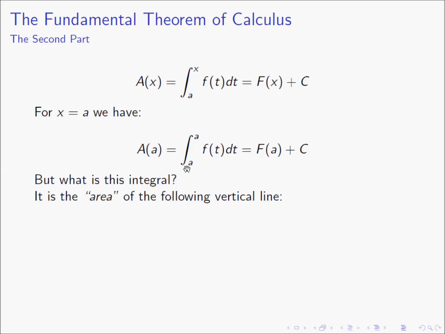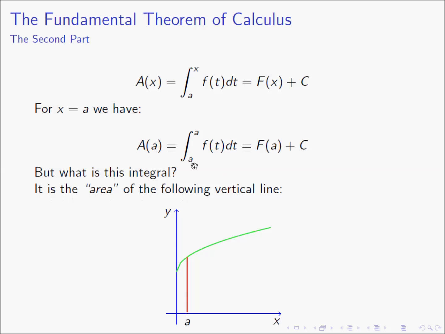A definite integral is always an area. But here we're taking the area under the graph of the function from the point a to the point a. So we're only integrating on a point. And when we do that, what we get is this vertical red line here.